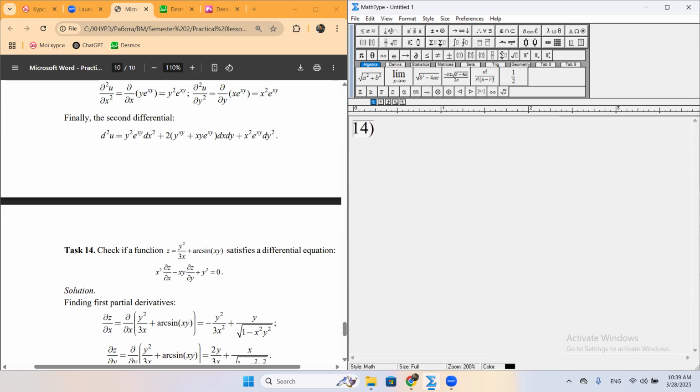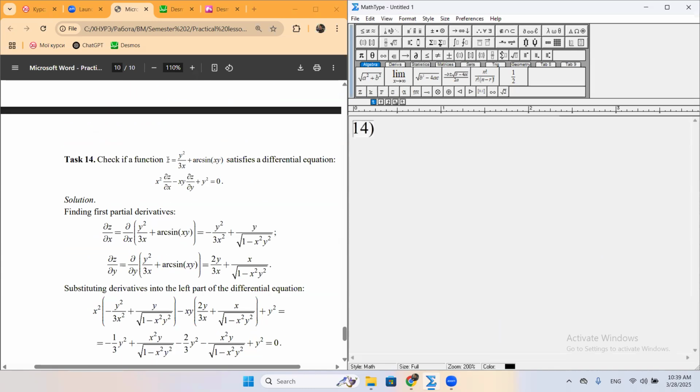So we need to check that function z equals y squared over 3x plus arc sine of xy satisfies the following differential equation. So how to do it? We just need to substitute it into the equation. So we will have to find partial derivatives and substitute them.